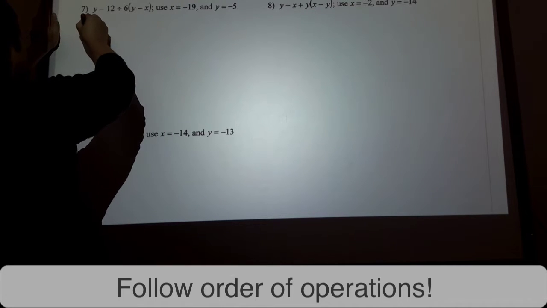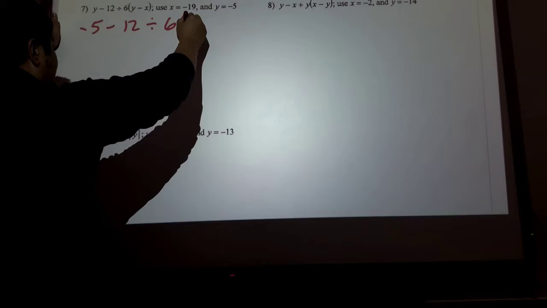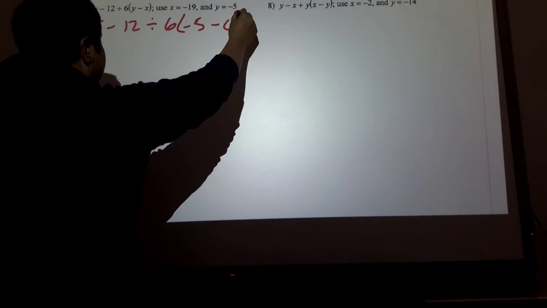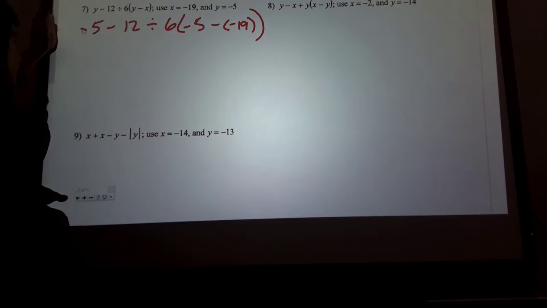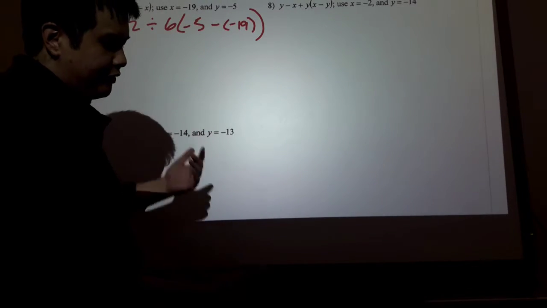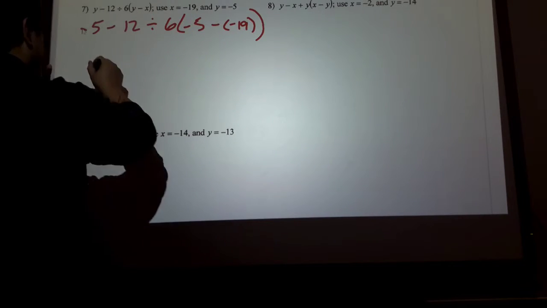So y is negative 5, minus 12 divided by 6 times y again, which is negative 5 minus negative 19. So we will go from there. We will do what's in parentheses first. Negative 5 minus negative 19. Remember, we have said that we are going to try and do addition of the opposite.